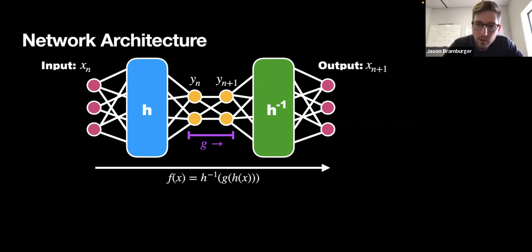The way that this works is mimicking that conjugacy diagram from the previous slide. And in particular, what happens is you feed your data x_n in, and it gets processed through a conjugacy. So that's your encoder function, if you're more familiar with autoencoders than you are with topological conjugacies.